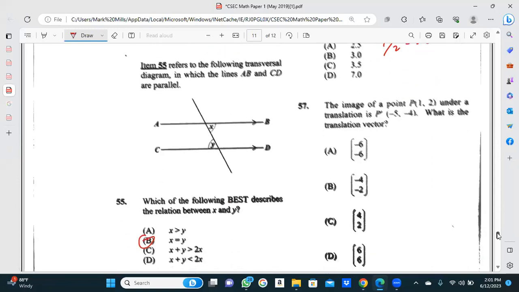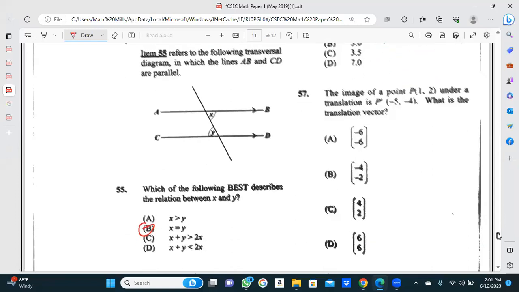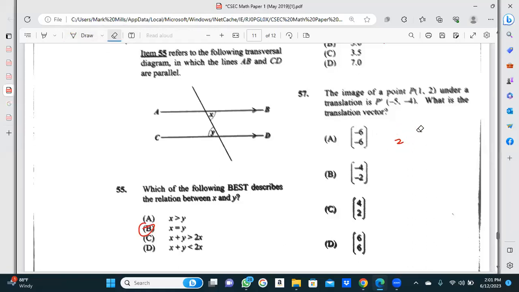Then 57. Here you have to be careful. The question is about the translation, so let me go back.